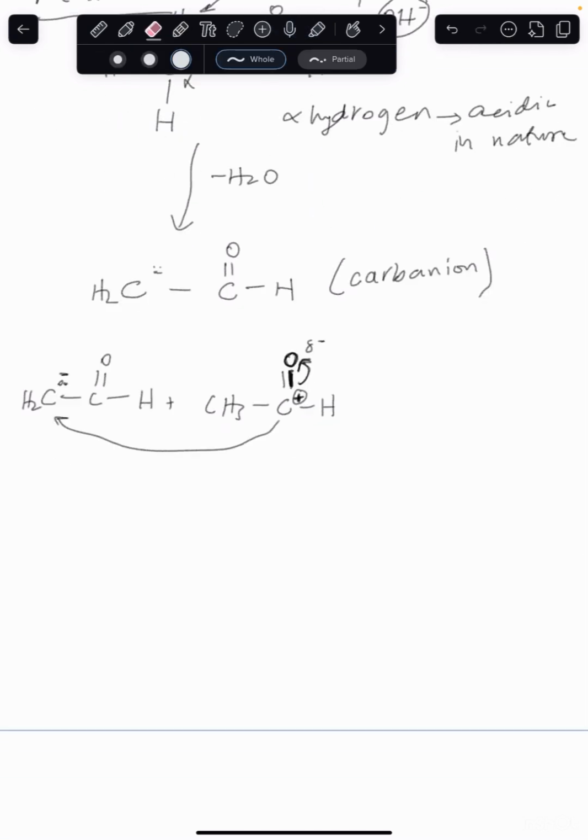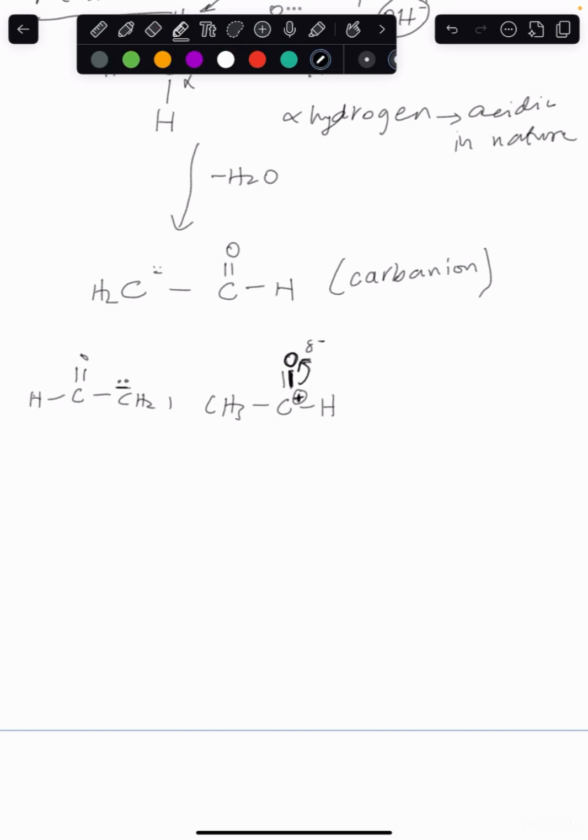So let me write it a little bit clearer for you, so you can actually see what I'm talking about. This is the part which is attracted to, this is the part we're talking about. So these two will combine and form the product that we're talking about.